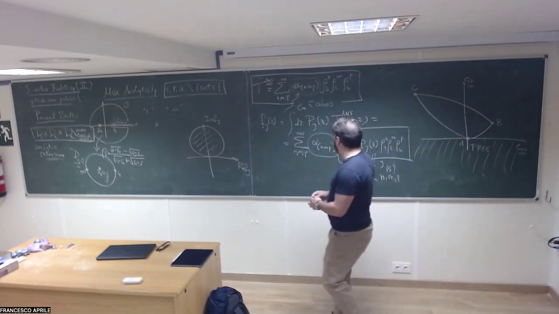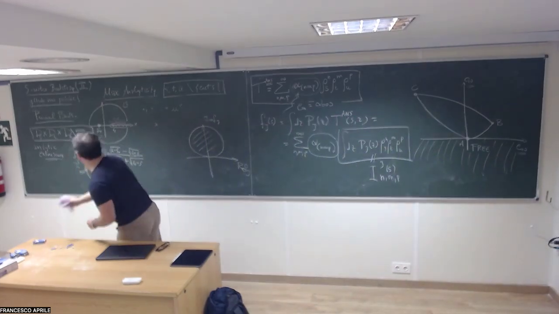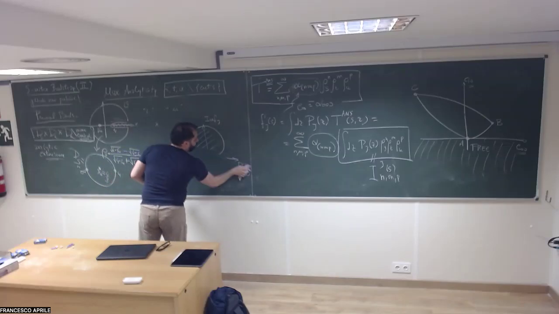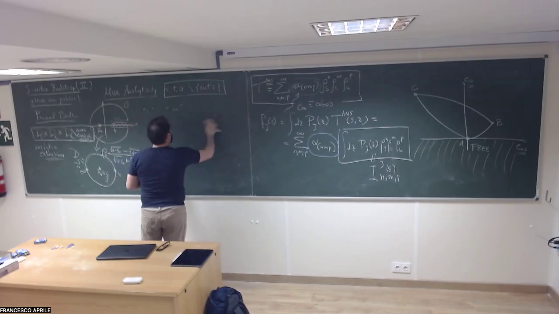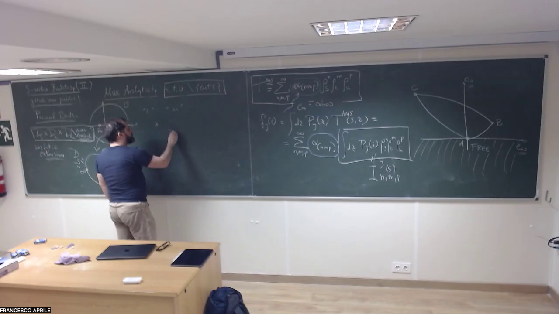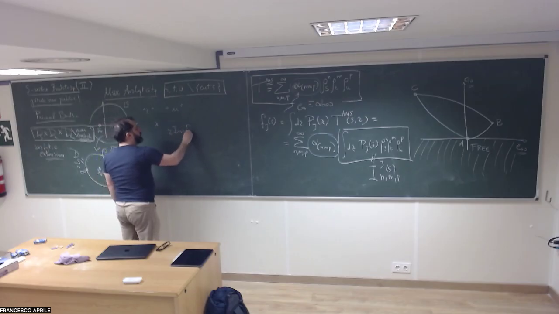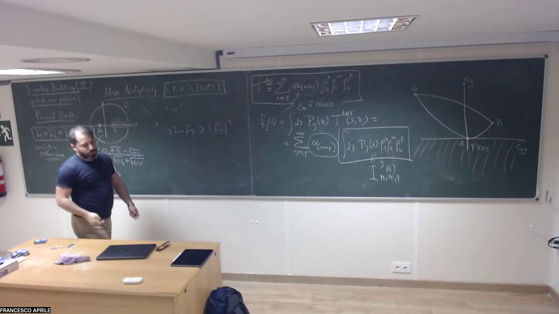Then you take this thing and you plug it into the unitarity equation. So you have to be sure that these f_j are inside the circle. So let me write the formula for the circle again. F_j squared.